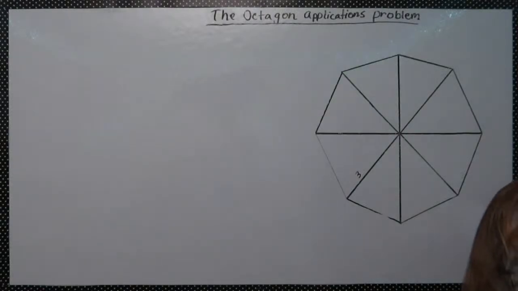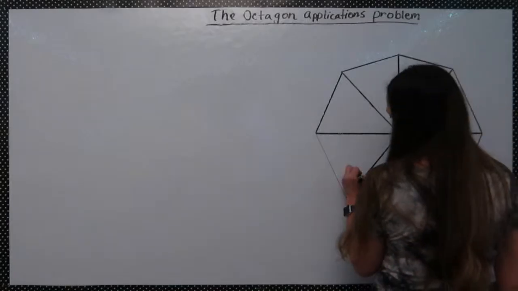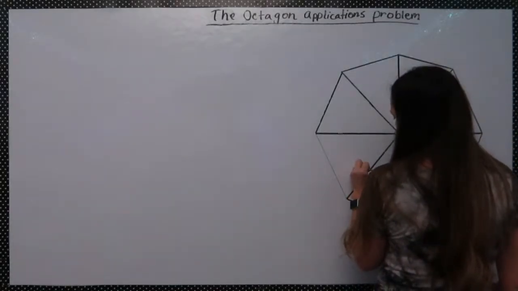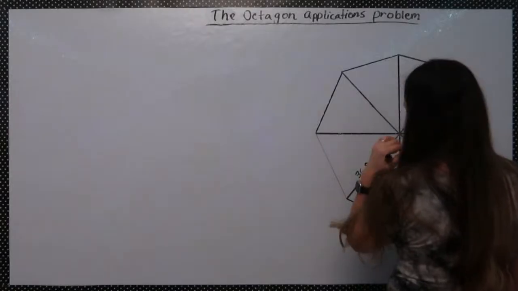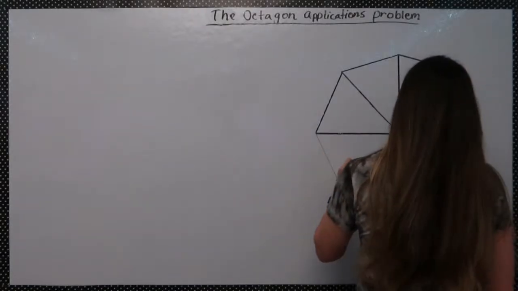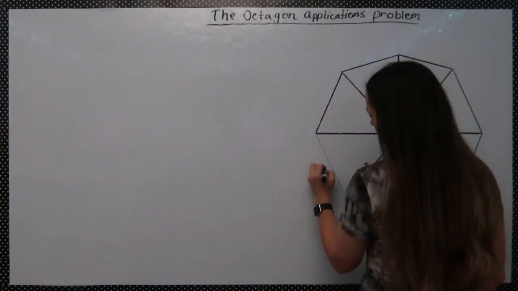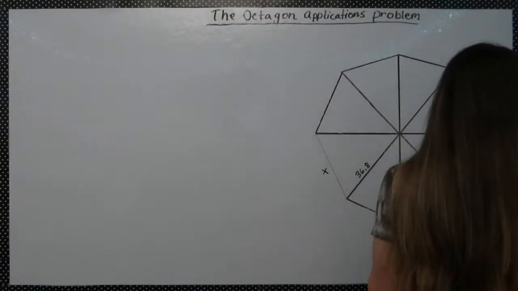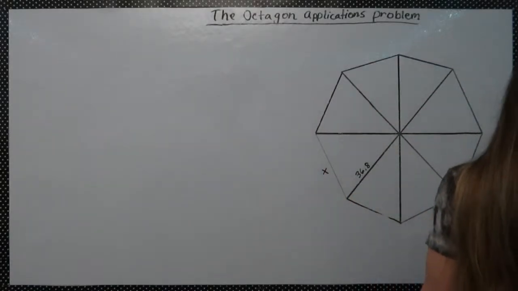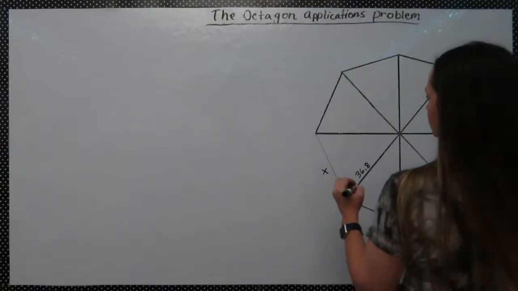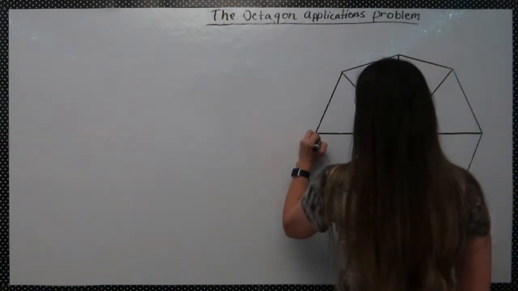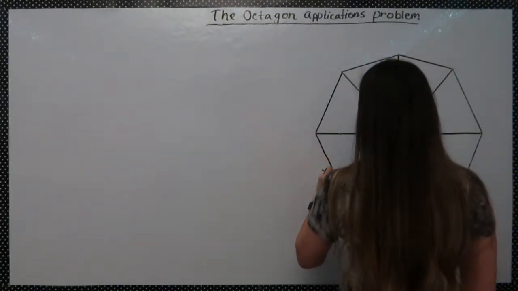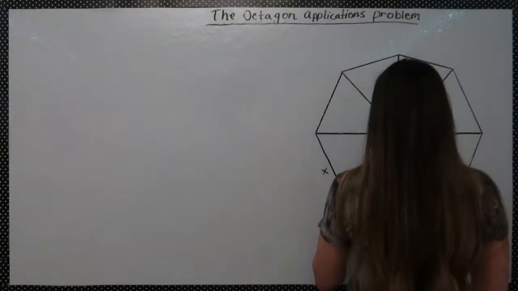Okay, I have 36.8 worked out. 36.8. And it's asking for x. It's asking for that distance there. That's a really thin line, so I don't want to mess it up too bad.